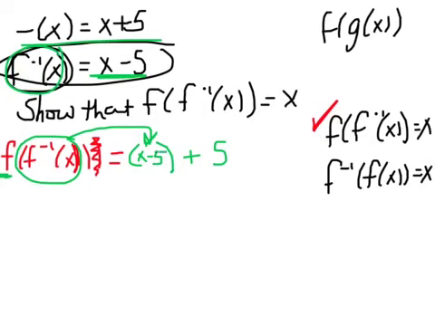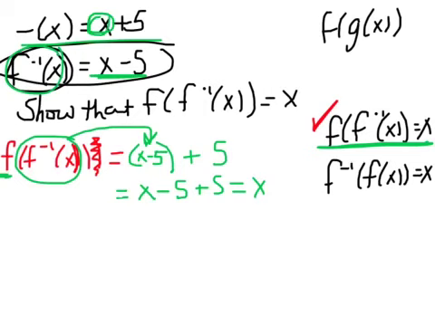So this looks worse than it is, because what is x minus 5 plus 5? Ah, you just showed that f of f inverse of x is x. You just showed that first little thing that I've got that red check mark by. You just showed that it equals x. That's all it does, is you're just showing if I put the functions together, they undo each other and give me back x. If I plug in x, I get x back. And in the original function, it was an x that was sitting there.